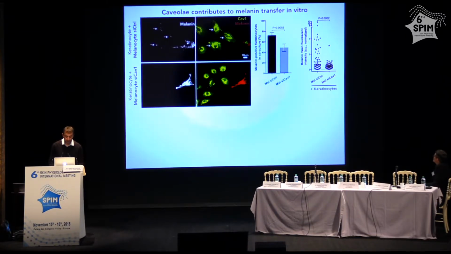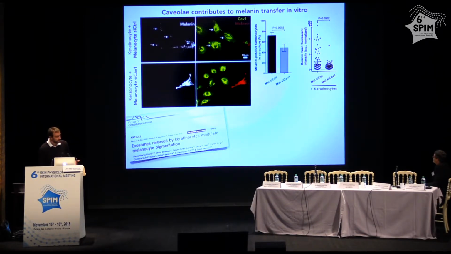For that, we came back to one of our previous studies from a few years ago, where we showed that exosomes, the extracellular vesicles secreted by keratinocytes, can modulate melanocyte pigmentation. As you heard this morning, these exosomes are loaded with proteins, lipids, as well as miRNA. And what we identified in that study is that one miRNA loaded in that exosome was able to modulate pigmentation of the melanocyte.